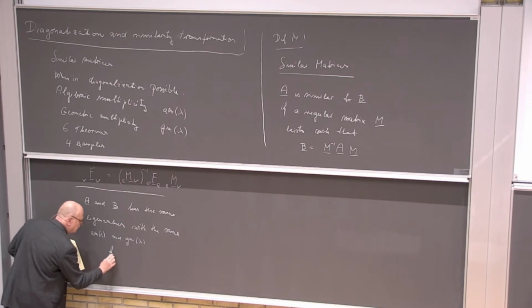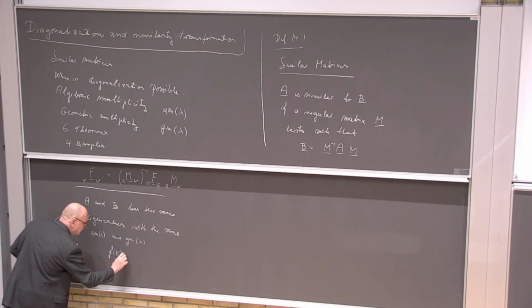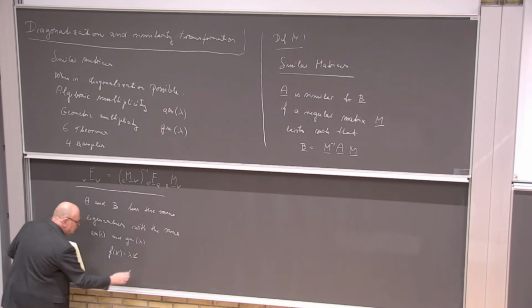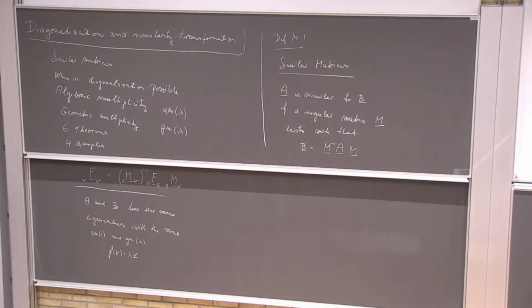And you have that f of x is the linear mapping that you're looking at.